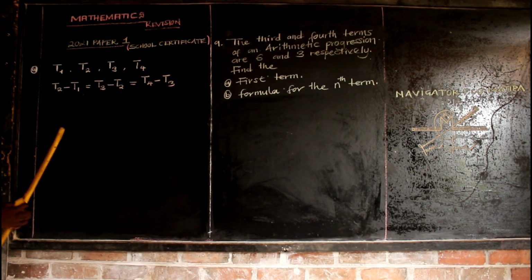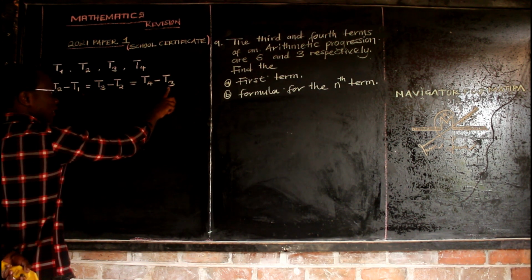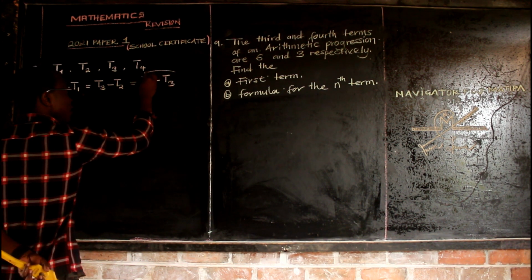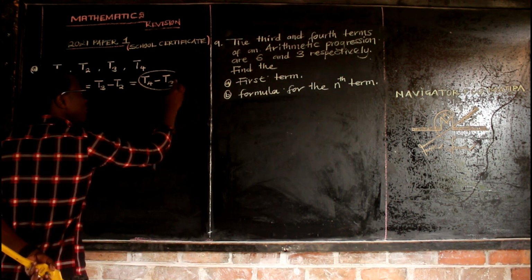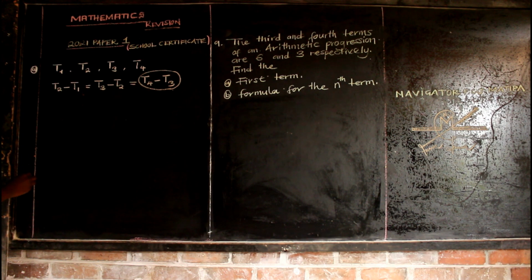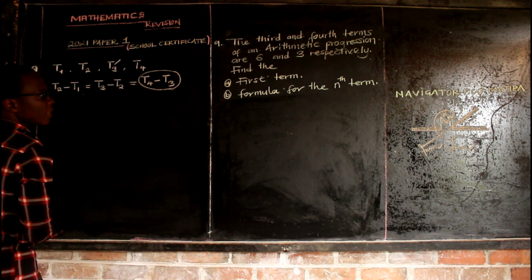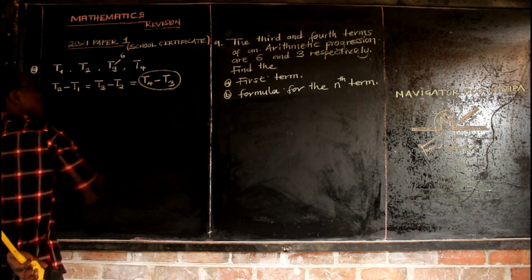Now in this case we have the fourth term and the third term, so we are going to use these to find the common difference. Term number 3 we've been given is 6.